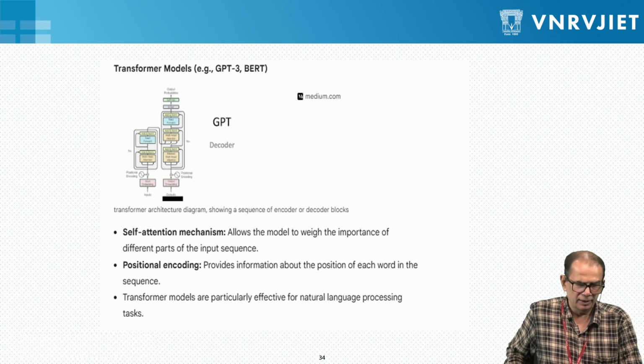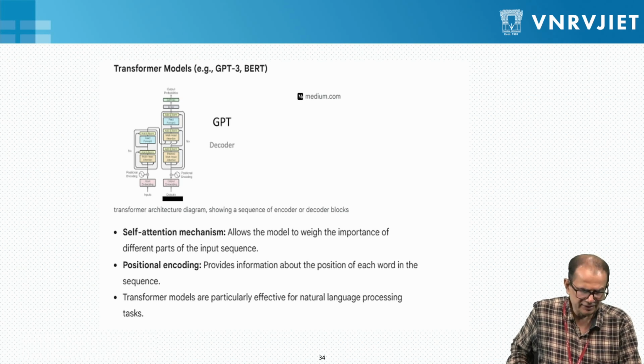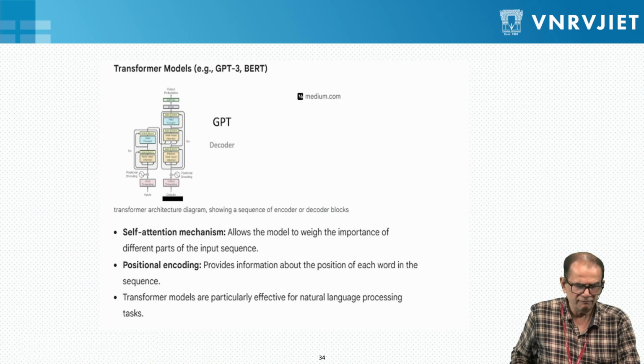Now, the other architecture that we have is that of the transformer. You must have heard of GPTs and BERT and all this. They all follow the transformer model, and it has become very famous. There is a paper by Google, Attention Is All You Need, and the self-attention mechanism is what we generally follow when designing the transformer model.